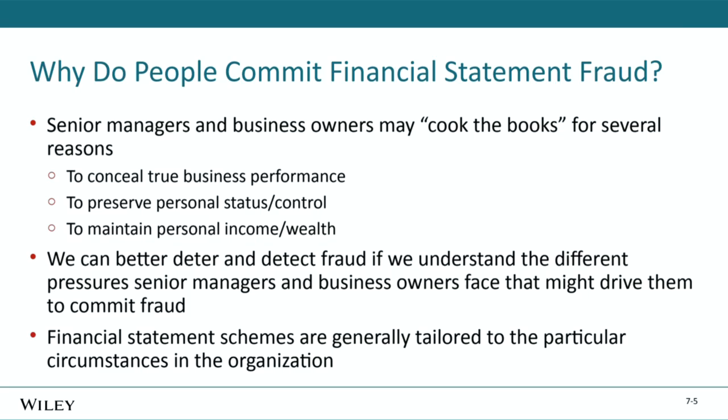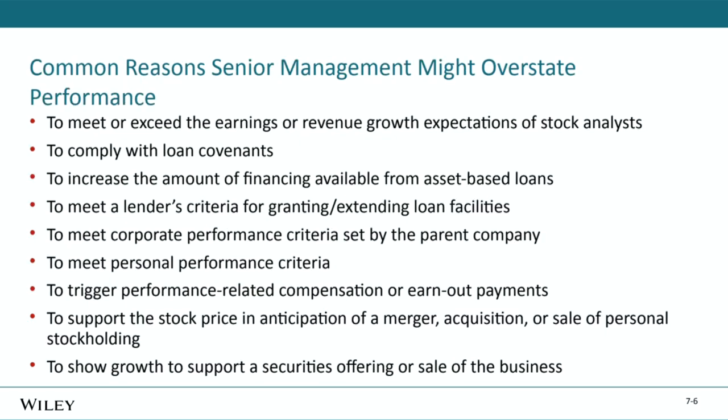Financial statement schemes are generally tailored to the particular circumstances in the organization. Common reasons why senior management might overstate performance. Again, meet or exceed earnings or revenue growth expected by those dreaded Wall Street stock analysts. Comply with loan covenants.